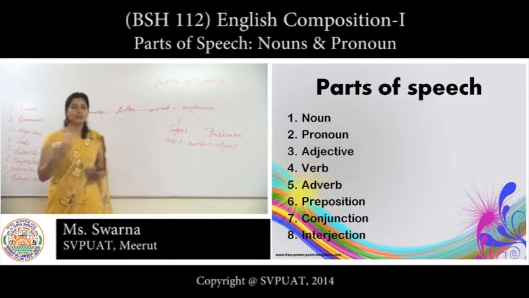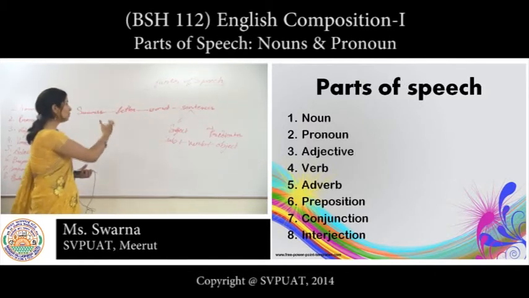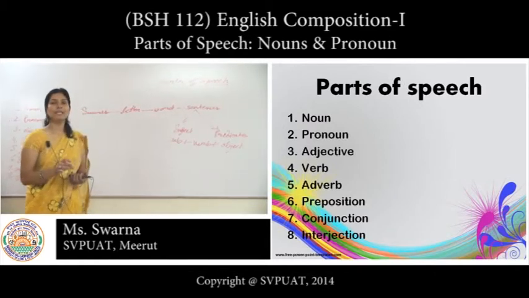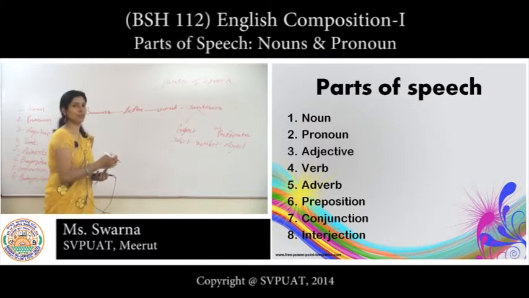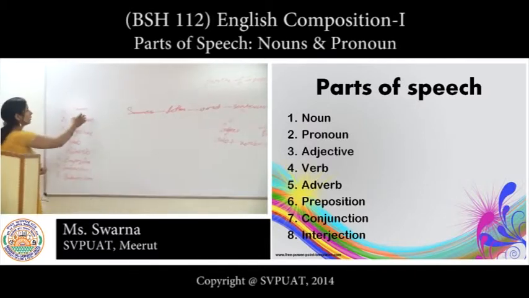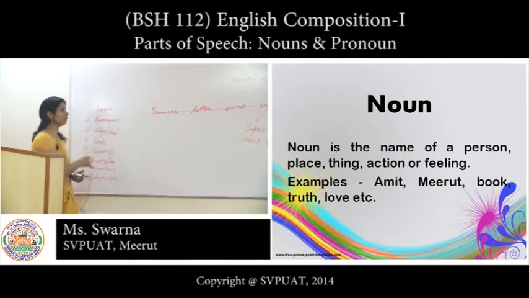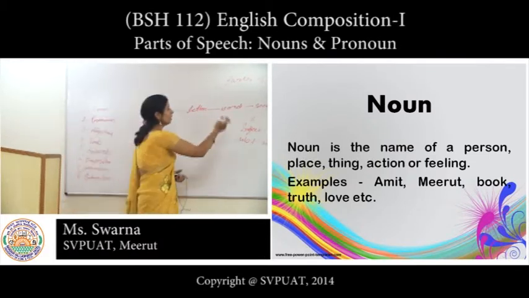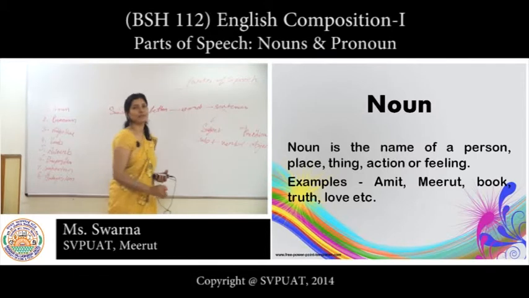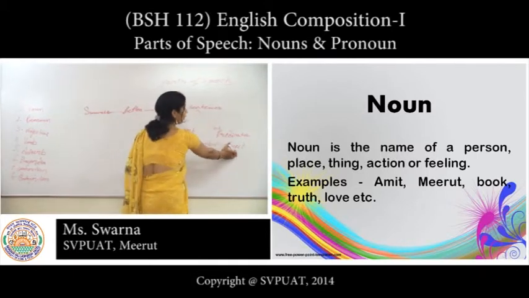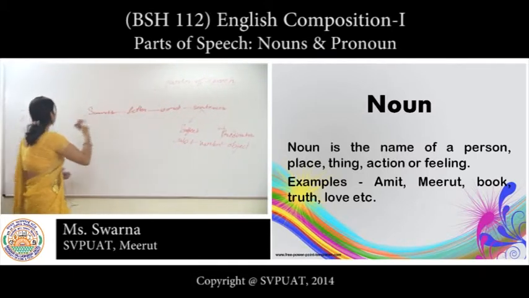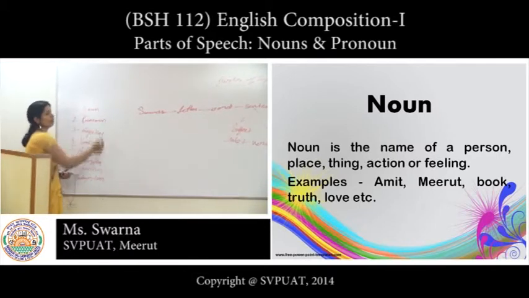So you should know about the words which are used to make a complete sense in a sentence. So first we start with the noun. This is the first part of speech which is used mostly in the place of subject or in the place of object. So the first part of speech is noun.